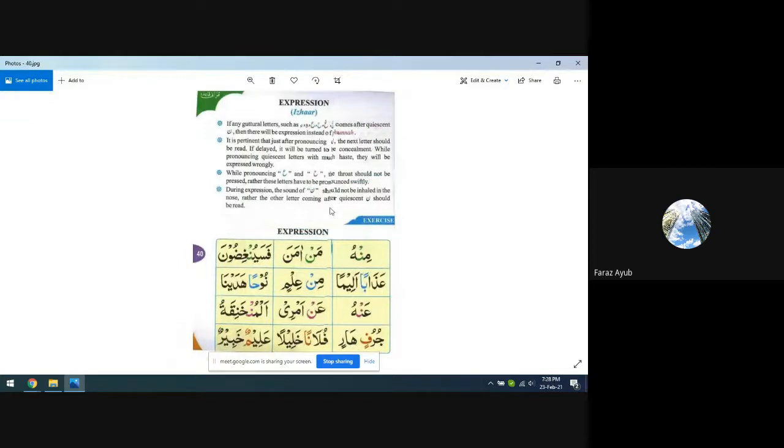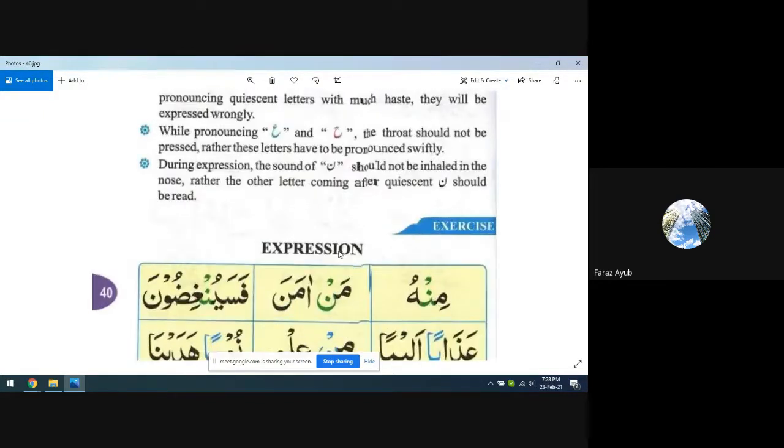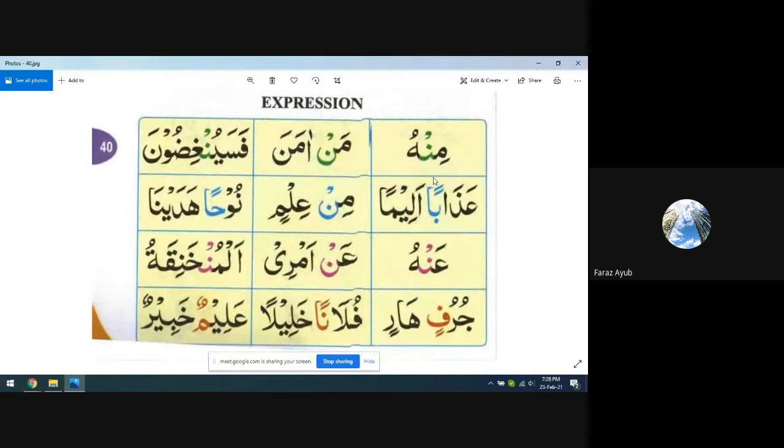Okay, so this is also a very important lesson. So I told you if the those zabar, those zir and do pesh comes on any letter, we also say gunna on it, and if the noon has a sukoon sign, you also say gunna on it. But if a hamza, ha, ain, ha, ghain, qa comes after the gunna letter, we cannot say gunna on it.